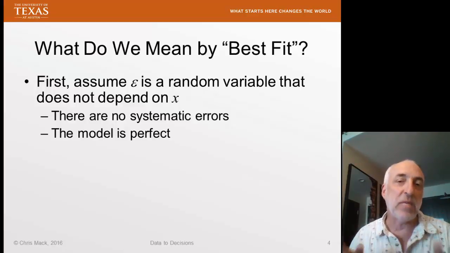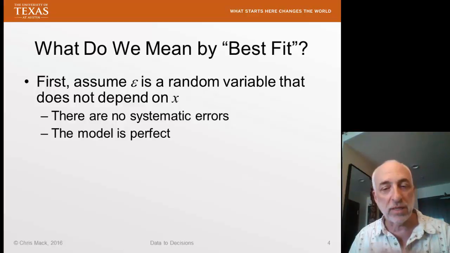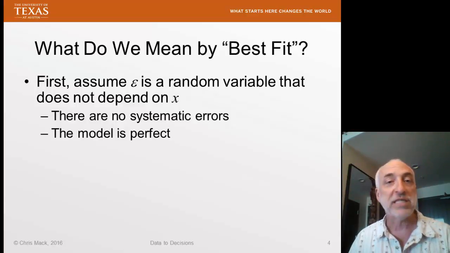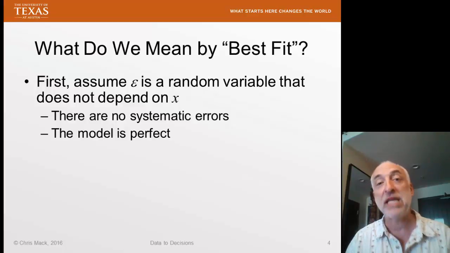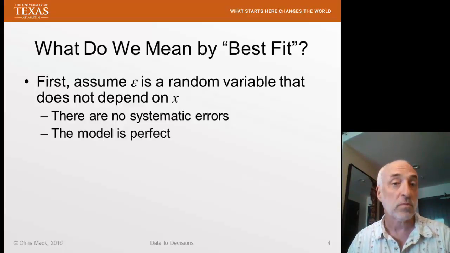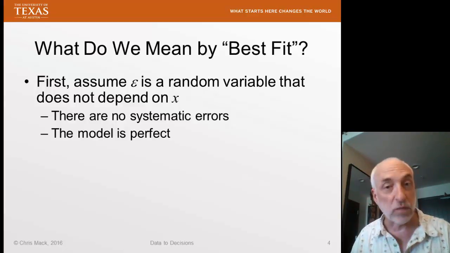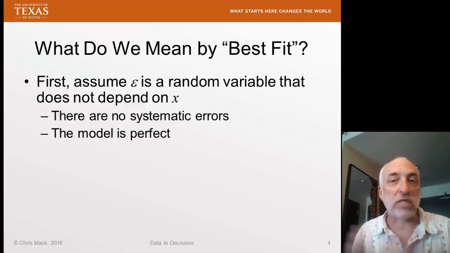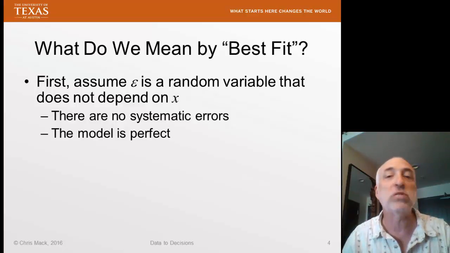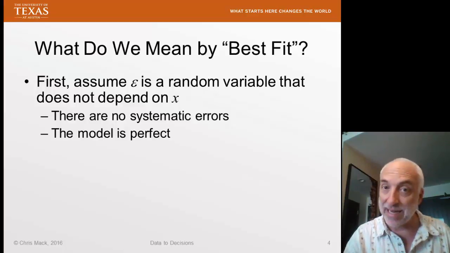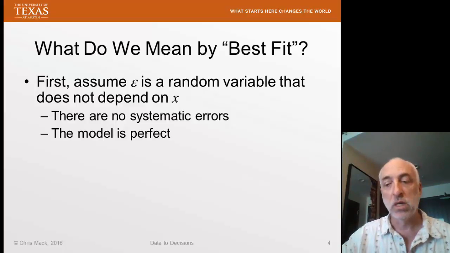If it doesn't depend on any input value, whether we have one input variable or multiple input variables in our model, if it doesn't depend on the values of any of the input variables, we say that the model is perfect. The model describes reality perfectly well, and the only thing that's left over is this random component. There are no systematic differences between the data and the model.